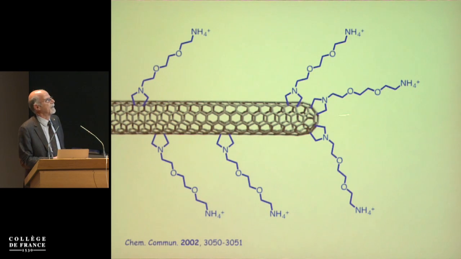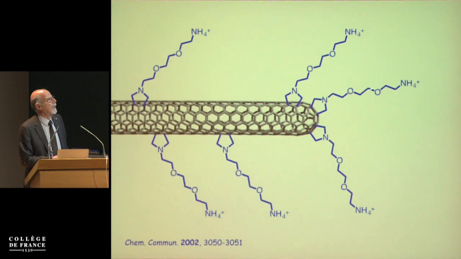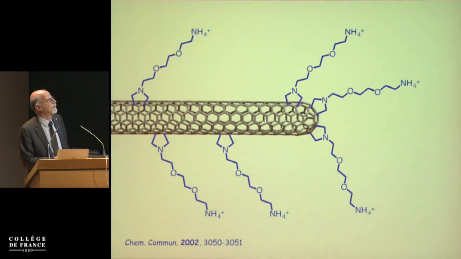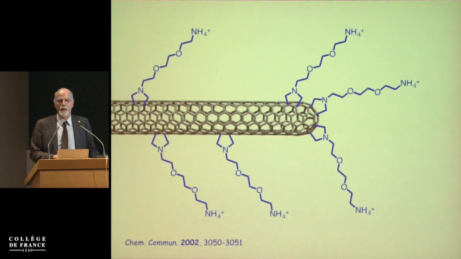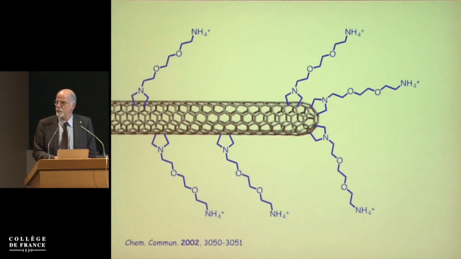This is a particularly interesting group because in this case, we completely reverse the hydrophobic nature of carbon nanotubes. The nanotubes would normally be very hydrophobic and they would pack by van der Waals forces. But in our case, now we completely reverse that, and so they become soluble in water.